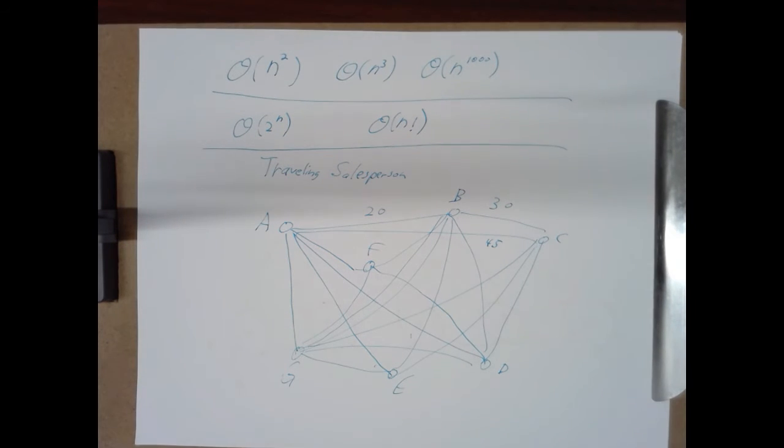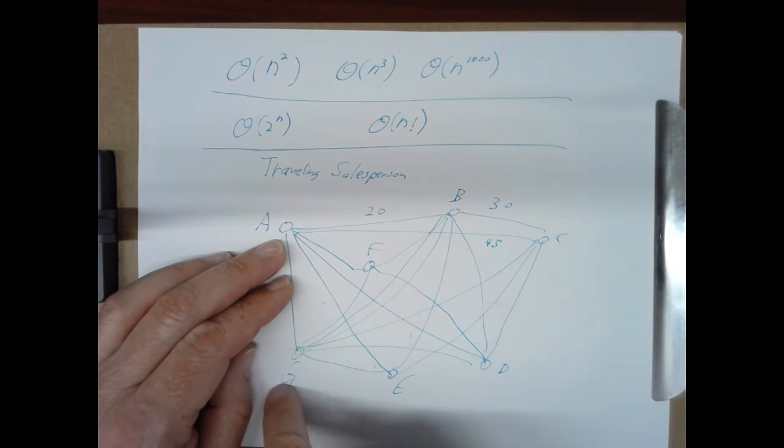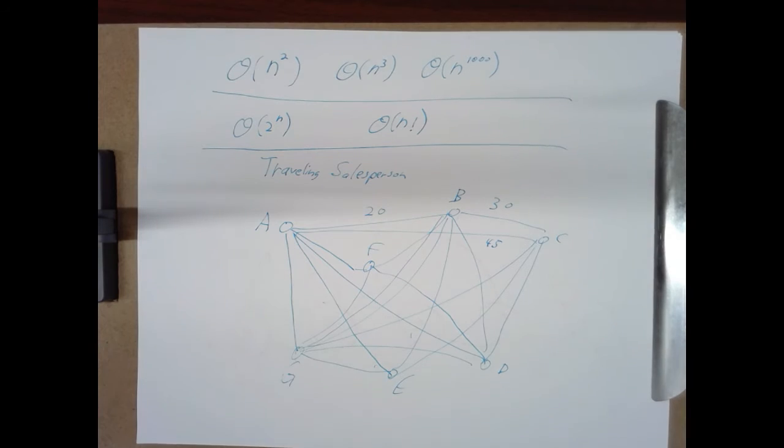For each of those, we then have 6 possibilities of where to go next. If we choose to go to B, our next city could be A, C, D, E, F, or G, and so on. And we can add up the distances as we create each of these paths, and at the end of this, we'll have all the possible paths explored, and we just pick the shortest one.